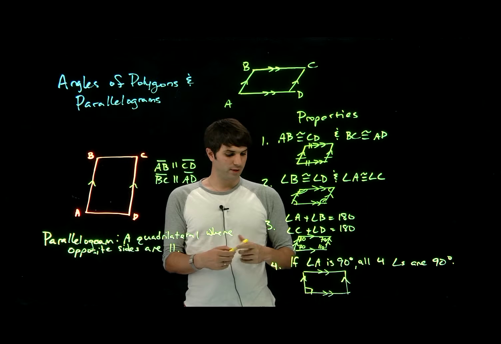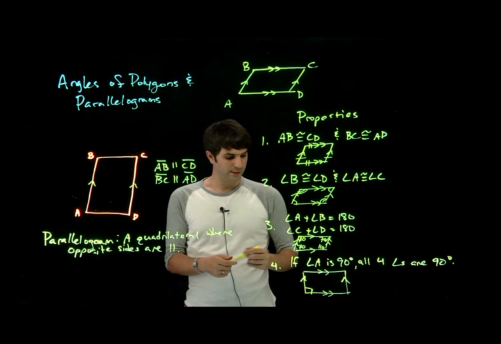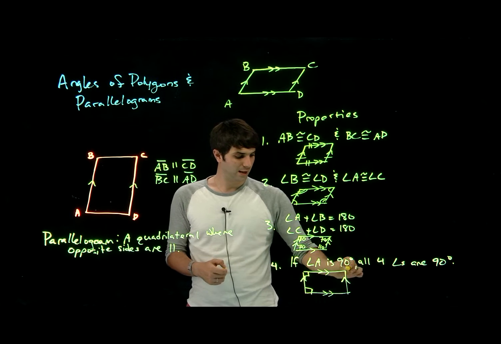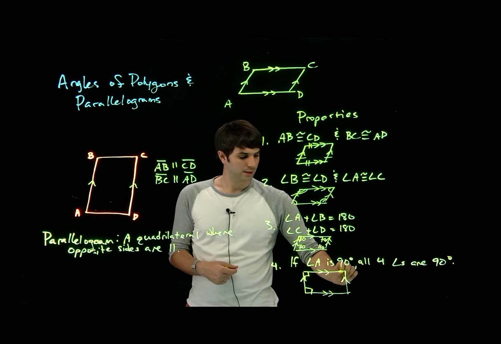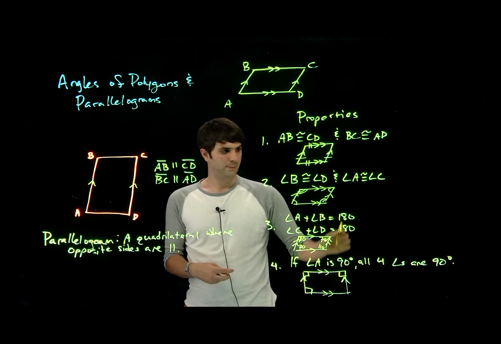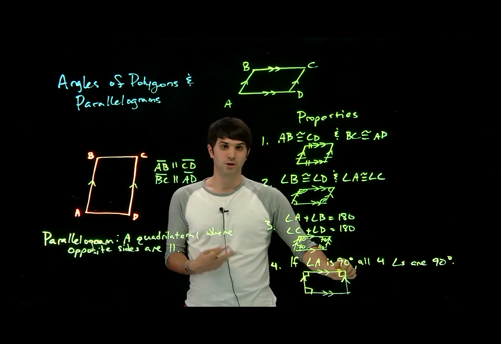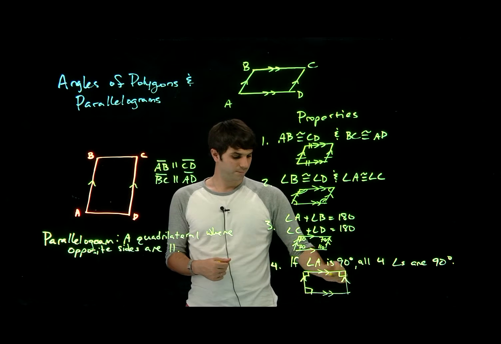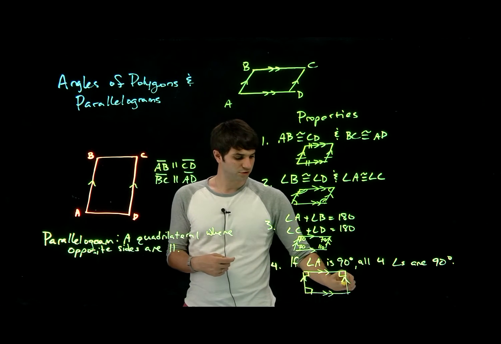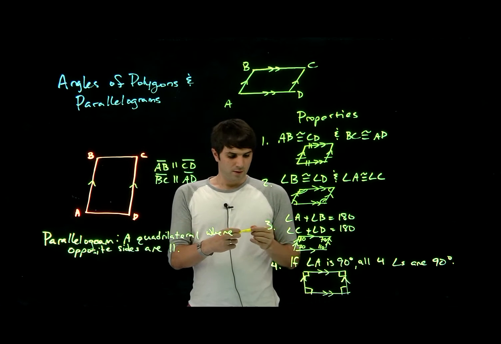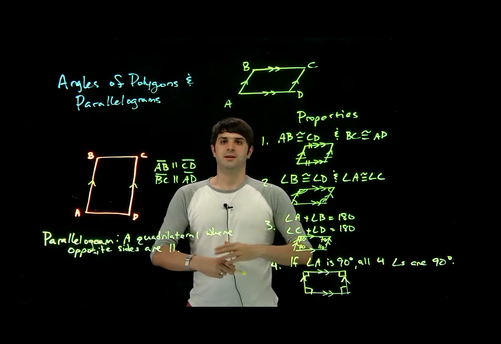Well, we know by property 3 that this must also be 90 because it must be supplementary, and by property 2, we know that the opposite angle must be congruent, and the opposite angle of this angle must also be congruent to that, so that's 90. So anyway, if one angle is 90, then all the angles are 90.